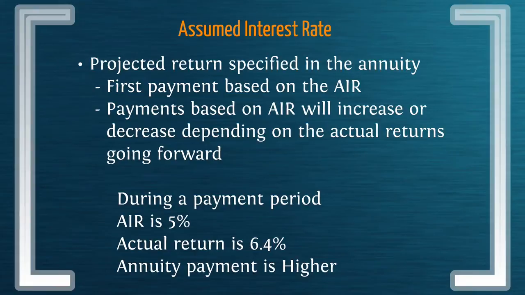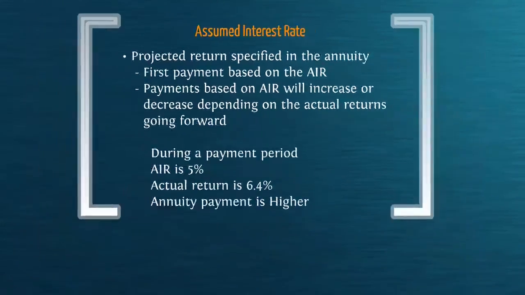They're just participating in the risk without having 100% of the risk. So if the actual return ends up being 3.5%, they'll receive a slightly lower annuity payment for that period, or a slightly higher payment in our 6.4% scenario. So they're really participating partially in the ups and downs of the investment returns.